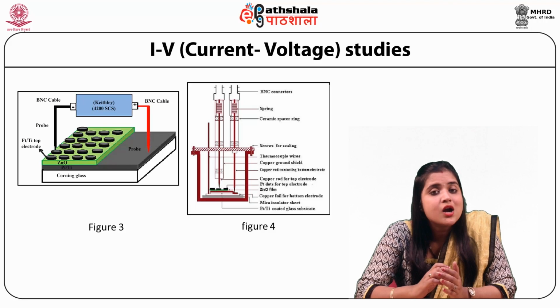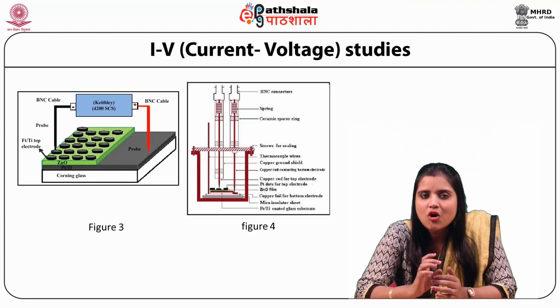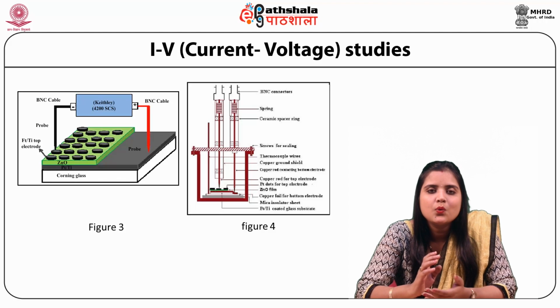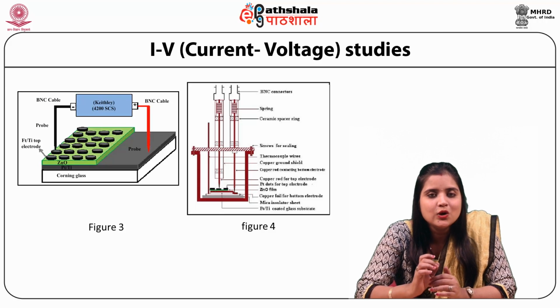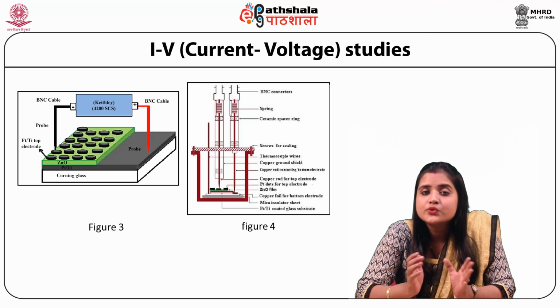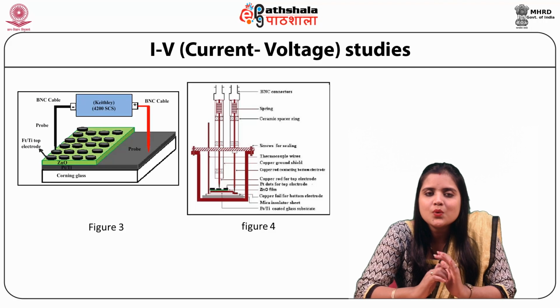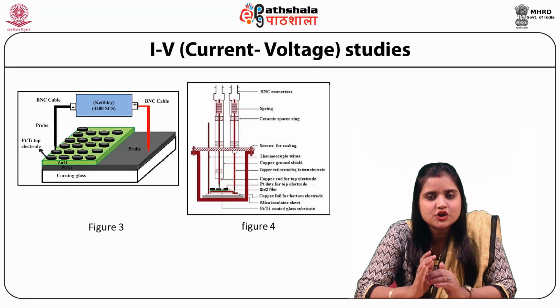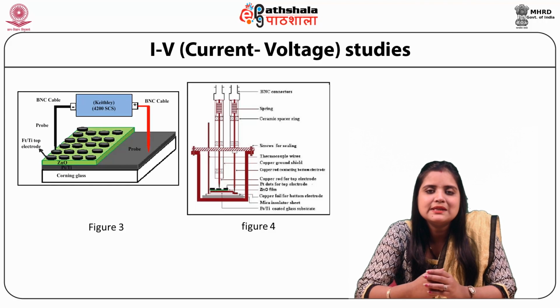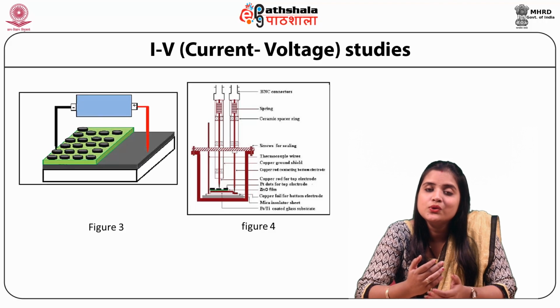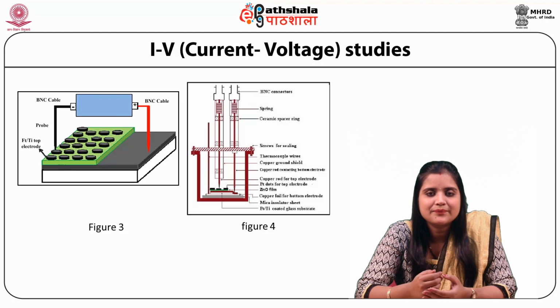To ensure good connectivity of the copper rods of the sample cell with the top metal dots on the sample, pressure contacts are required, which are provided with a low tension spring on the rod so that the sample always remains in a stress-free condition and the electrical connections are made properly with the BNC cable. The bottom electrode of the sample can be connected with the copper plate using silver conducting paste.